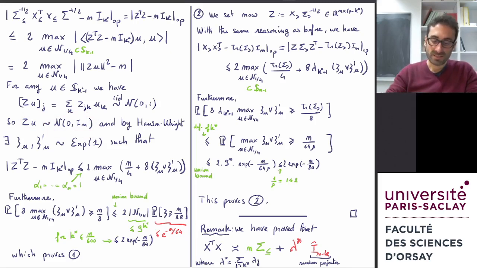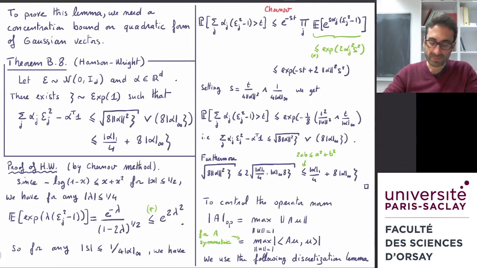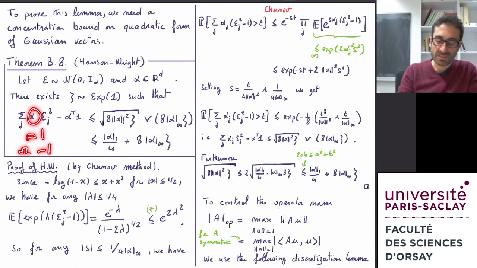Here I look at the square norm of this vector, so I can use the Hanson-Wright inequality in order to analyze this. I will look at the Hanson-Wright inequality with alpha_j equal to 1 or minus 1. Equal to 1 would be in order to have an upper bound on this minus n, and with minus 1, it will be in order to have an upper bound on minus this plus n.